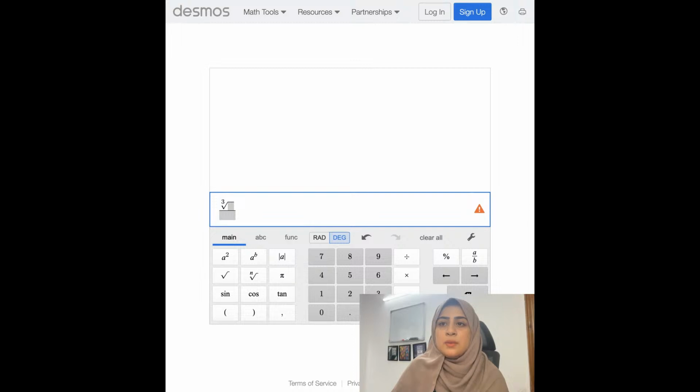And then we are going to do 3 squared, times minus 7. Yeah, this comes up as a dot for the times.